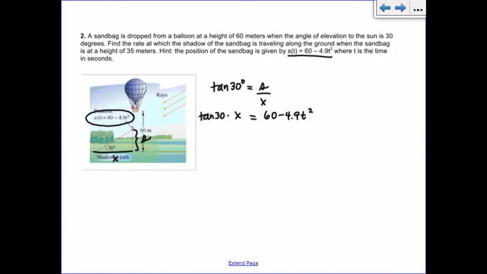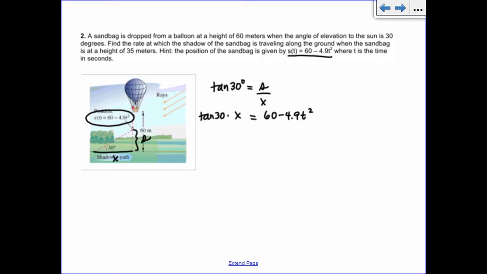So we're going to have opposite over adjacent. So we're going to say tangent of 30 equals opposite over adjacent. But that s ends up involving the 60 minus 4.9 t squared. That's what it is. So I'm going to have tangent of 30 times x, and then times all that. And now I can take the derivative.